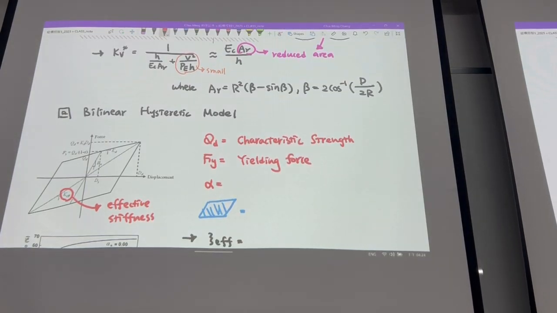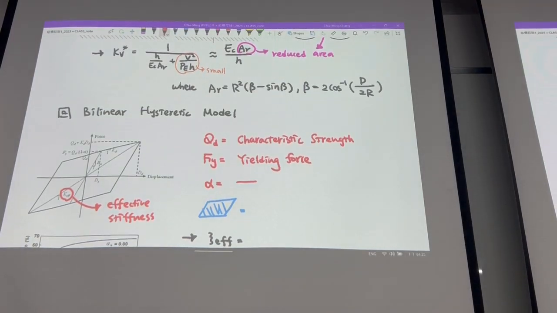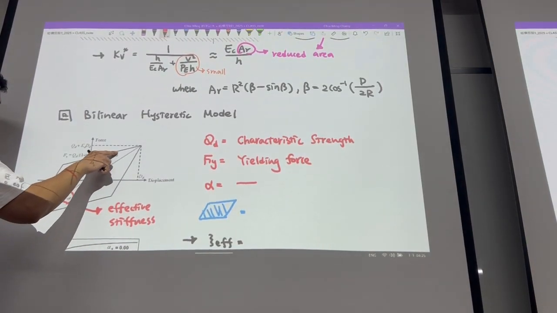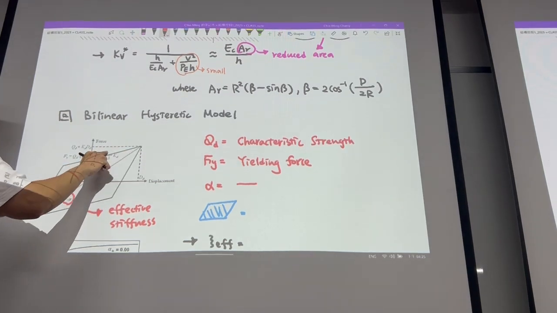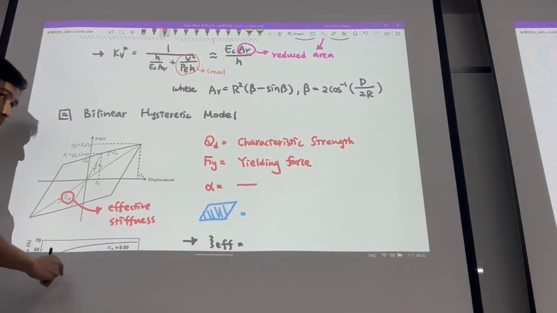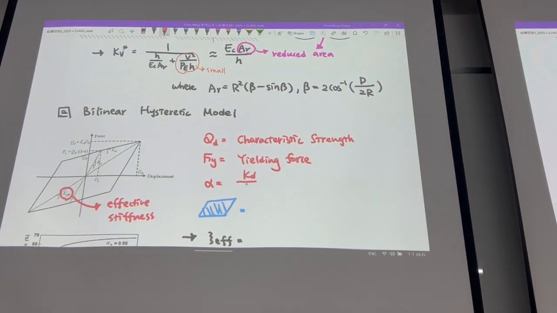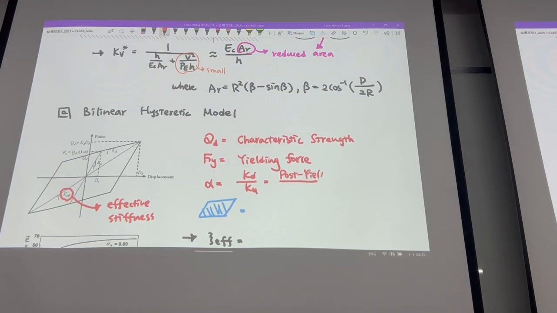Then your alpha is the ratio between your linear region, this guy, the post-yield slope divided by the pre-yield slope. So that's the post-yielding stiffness divided by the elastic region stiffness. That's the ratio.